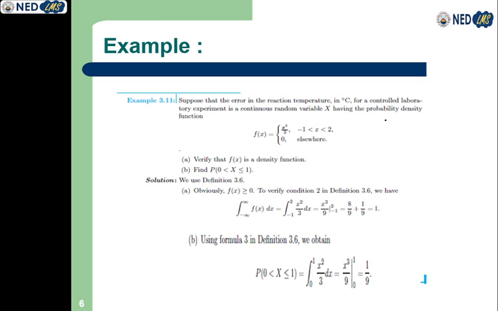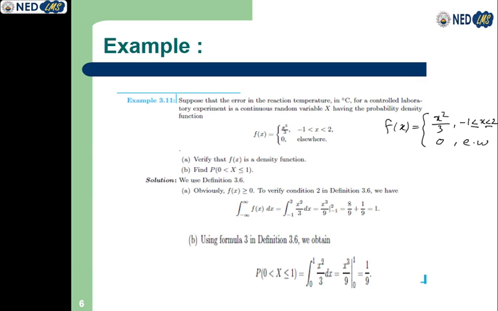For example, I write it in a separate form: f of x is equal to the simple function x square upon 3, where x lies between -1 and 2. Equality is not there, so you must apply the equality, and f of x equal to 0 elsewhere. Students, understand this function.